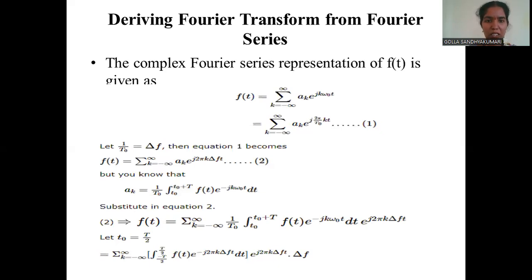Here you can see the derivation, how we can derive the Fourier transform from the Fourier series. The complex Fourier series representation of f(t) is f(t) = summation k equals minus infinity to infinity a_k e^(j k omega_0 t). Here, a_k represents the coefficient of your signal.